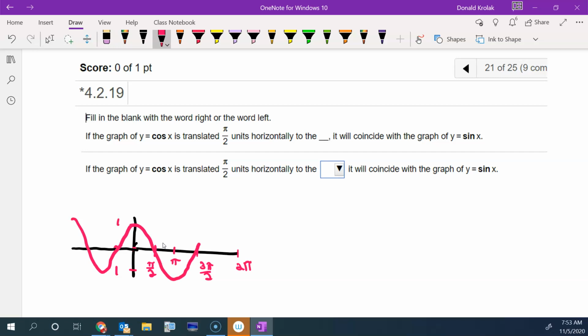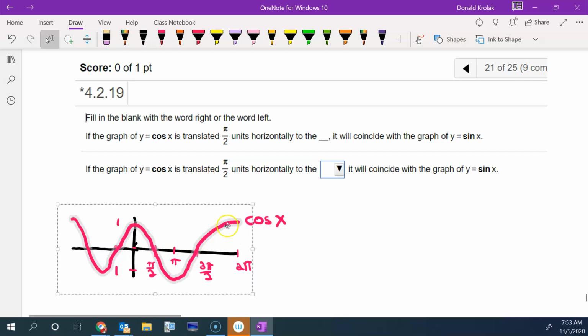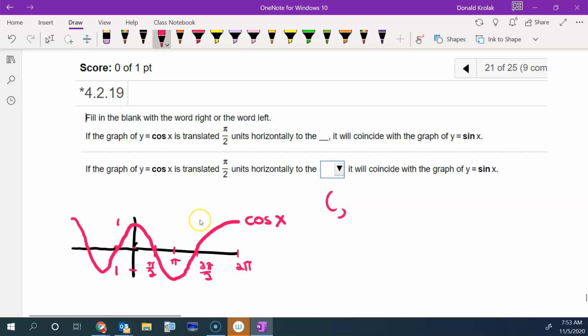Okay, this is cosine. Now watch what happens. I'm going to grab it and I'm going to slide it horizontally pi over 2. So the starting point, what's this point, Corey? This point right here.